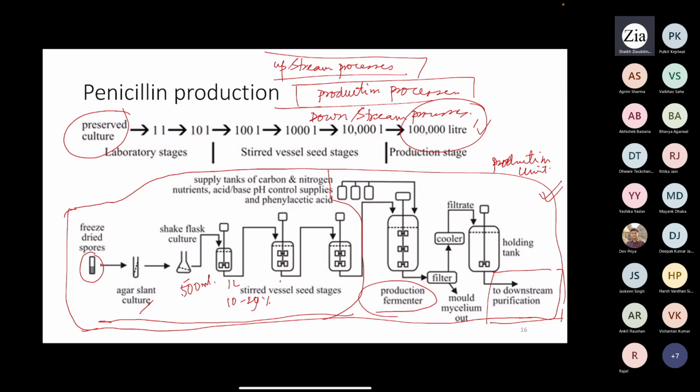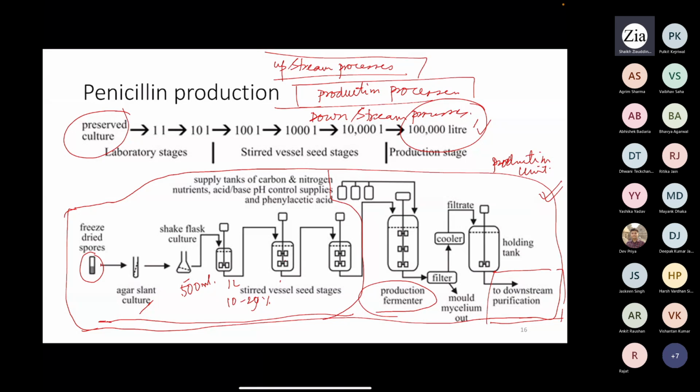So for any process, whether chemical or biochemical, there are three prominent sections. One is upstream processes, then production processes, and then downstream processes. When you talk about a unit, you always talk about a simple or single system. But processes actually have a combination of multiple units.